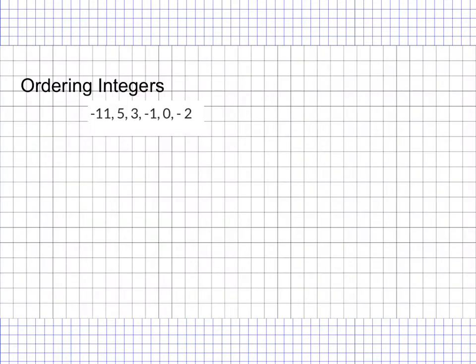So let's say we have the set of integers listed here. In order to put these in order, we are going to make a number line. So let's make one now, making sure to make it big enough to fit all of our values. Now we're not just going to draw the numbers on here, we're going to draw all the numbers. Or at least we're going to leave space for them. So I'm just going to number every 5.